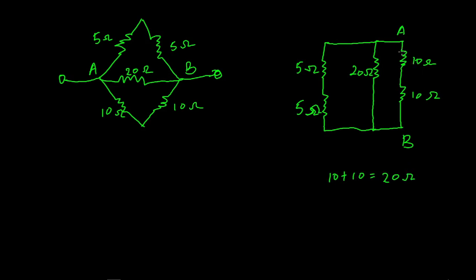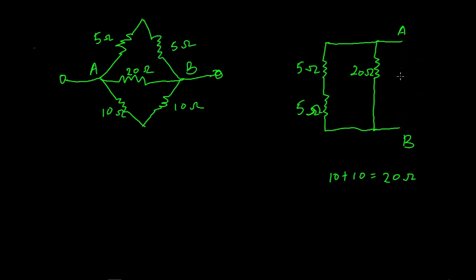In that wise, we can easily replace this with a 20 ohm resistor. So we can replace both of them with a 20 ohm resistor. This is going to be 20 ohms.